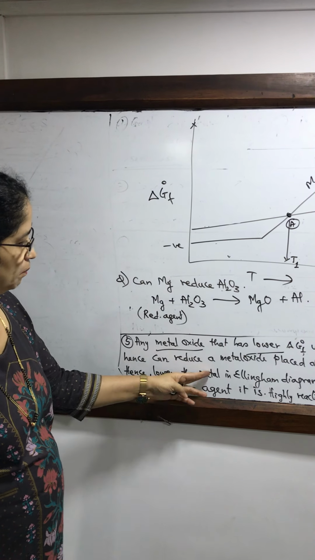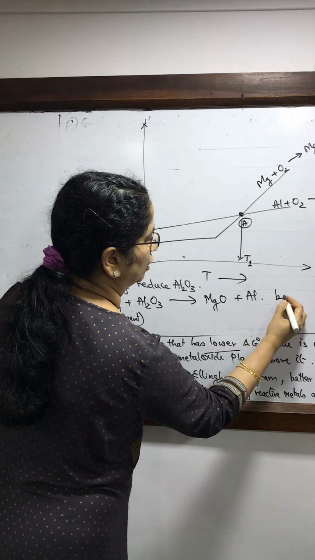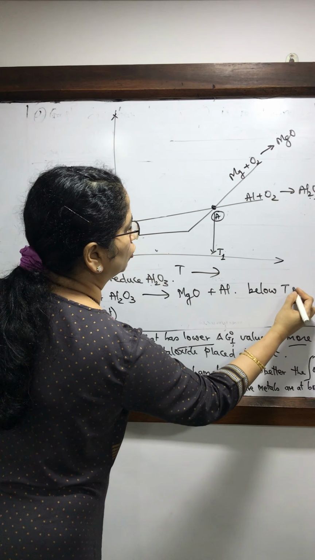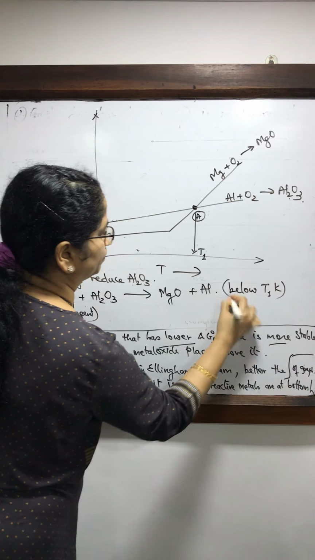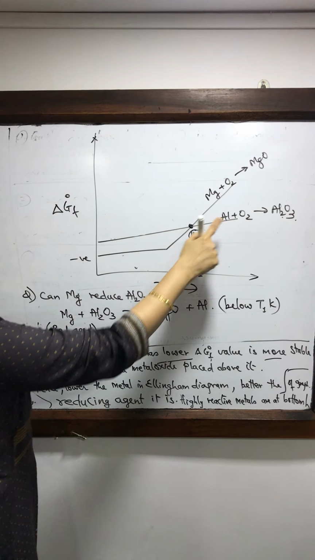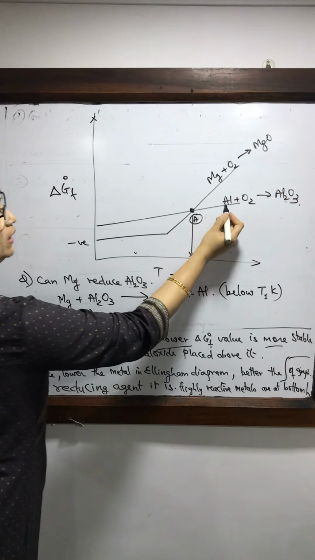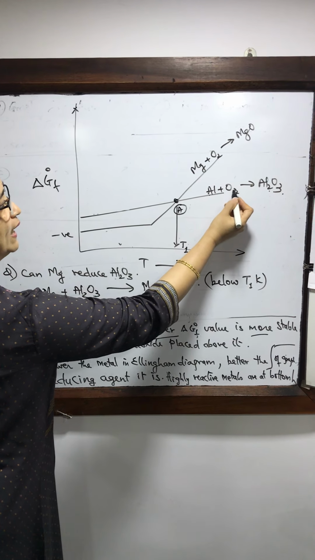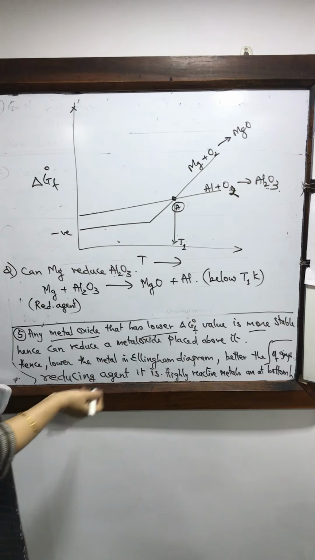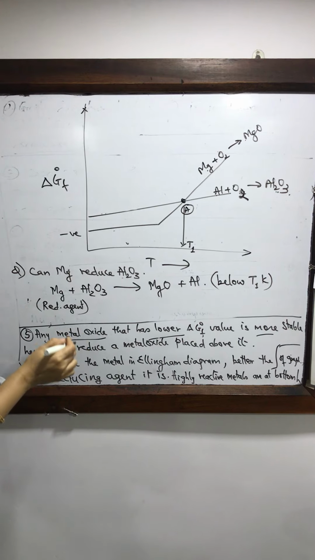So if I have to apply this particular point, then I have to mention the temperature. So we have to say below T1 Kelvin, because above T1 Kelvin, which will be the reducing agent? Aluminium. Aluminium is going to extract oxygen to form the stable aluminium oxide, whereas the other reaction is going to be non-spontaneous.